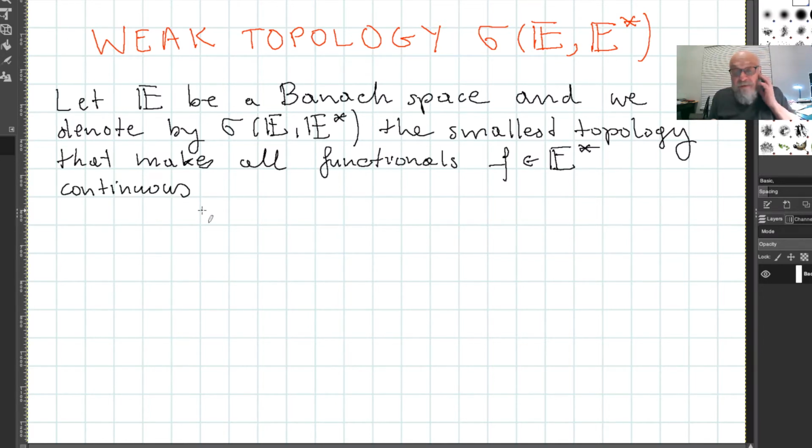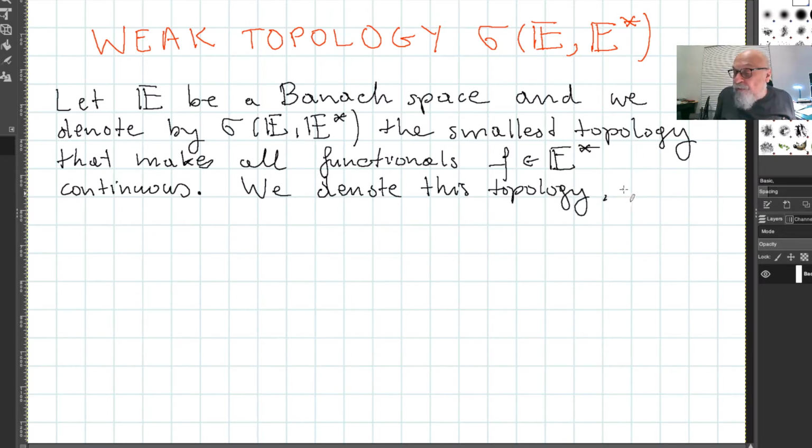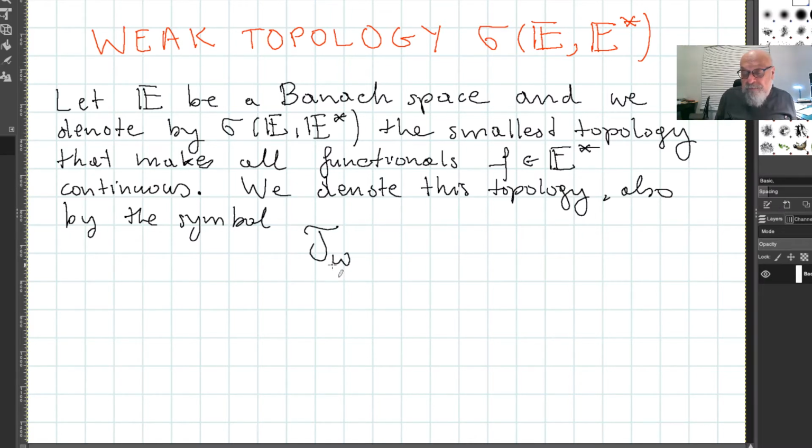We denote this topology also by the symbol tau, where tau means topology and W means weak.